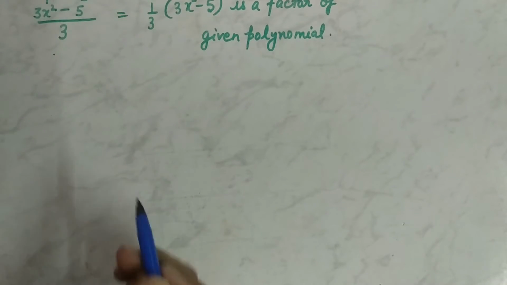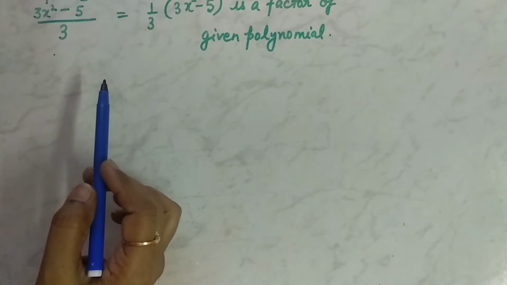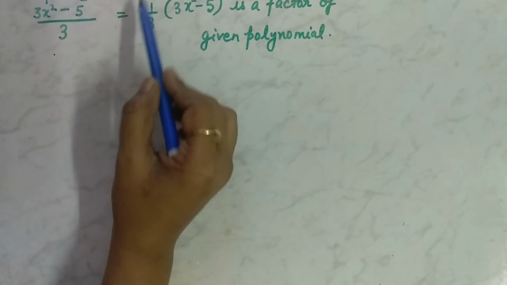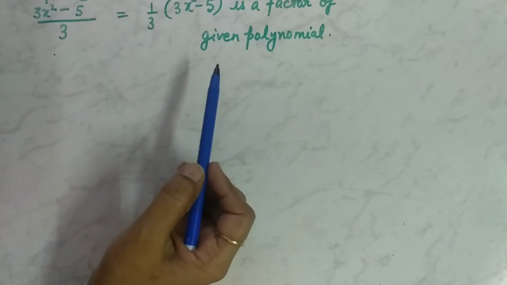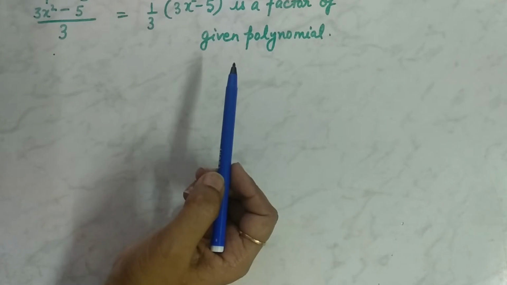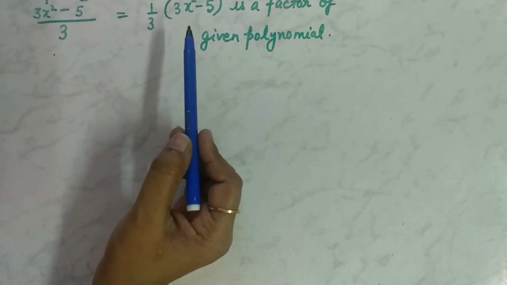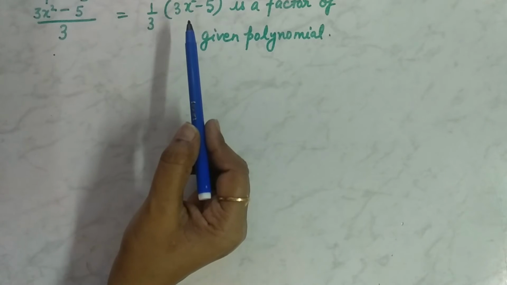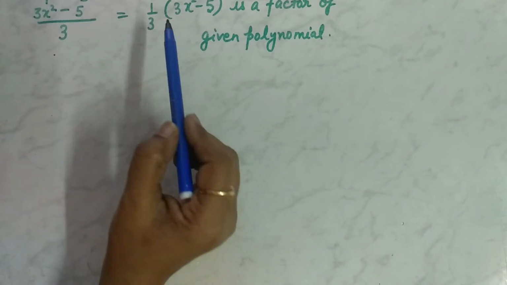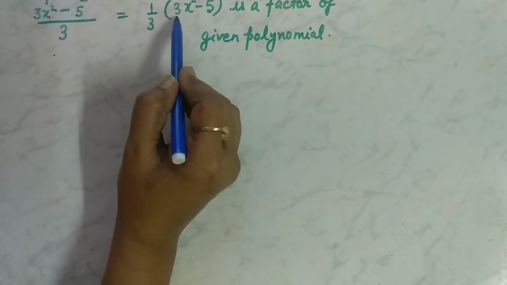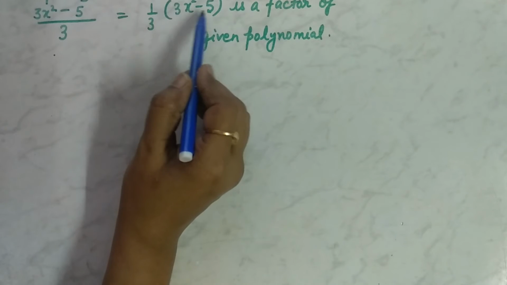So class, now we will divide the given polynomial by this factor so that we can get another factor. To simplify your calculation, you can divide by only this 3x square minus 5.